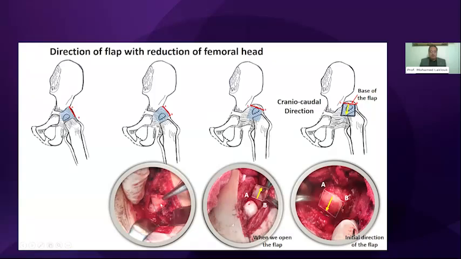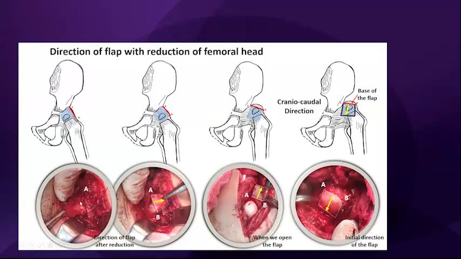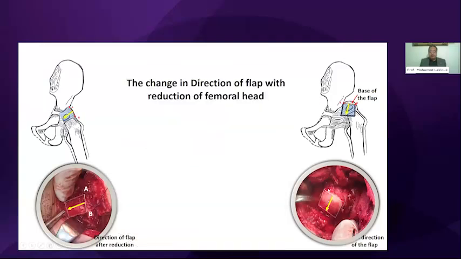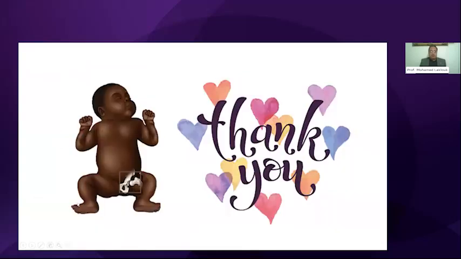After reduction, this is the quadrangular flap. After suturing this quadrangular flap, we can see the direction has become horizontal, which was previously vertical. So the quadrangular flap is vertical in direction at first and finally becomes horizontal.